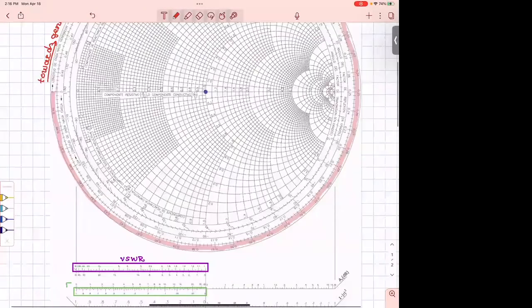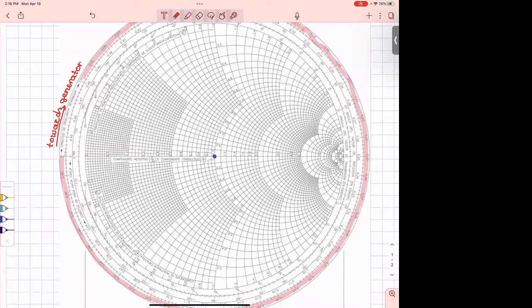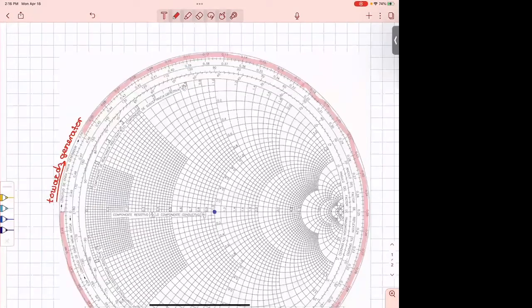It can go only around circles like that, all right, and then you can read it. So it's all in wavelengths, in lambda. So if I were to move from this point to this point, that means that I have moved from the load to the generator, since here it starts at 0, by 0.06 lambda is what you read.